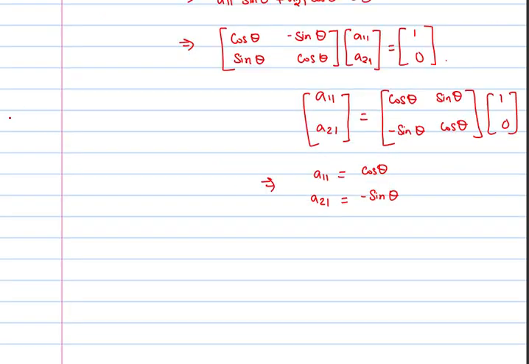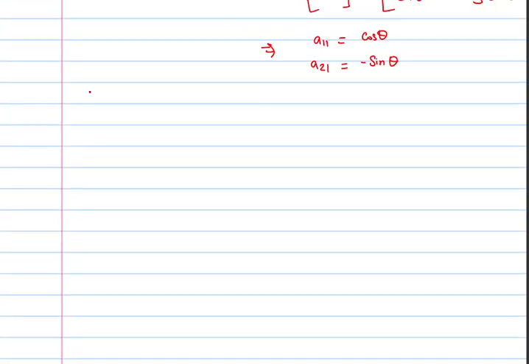Now similarly, this is my ID of 1, 0. Its coordinate vector in beta is cos theta, minus sin theta.